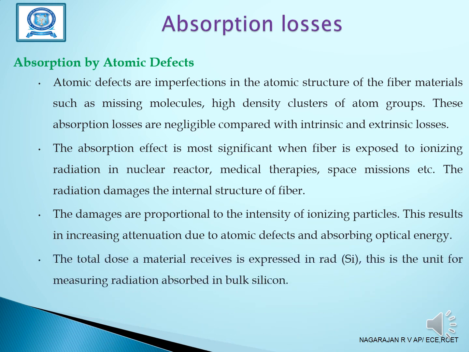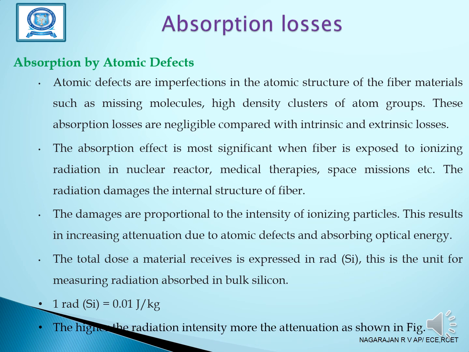The total dose the material receives is expressed in rad or rad (silicon), the unit for measuring radiation absorbed in bulk silicon. 1 rad is equal to 0.01 joule per kg. Higher the radiation intensity, more the attenuation.